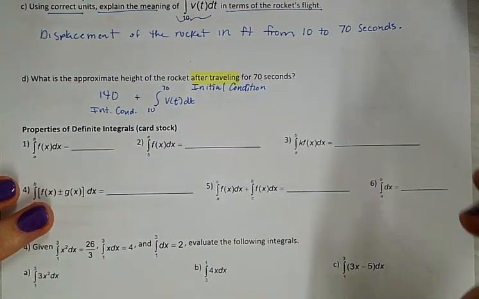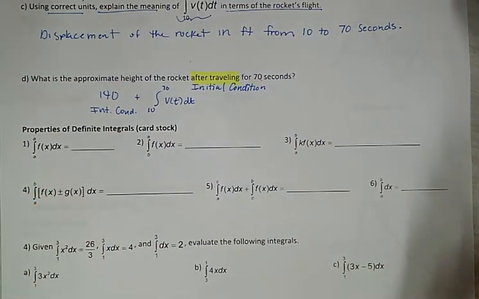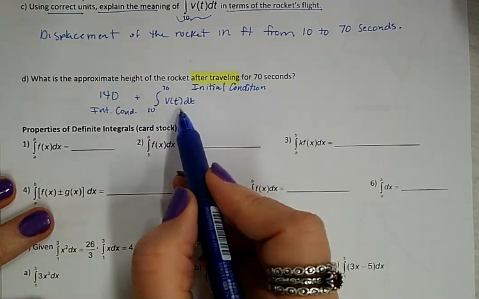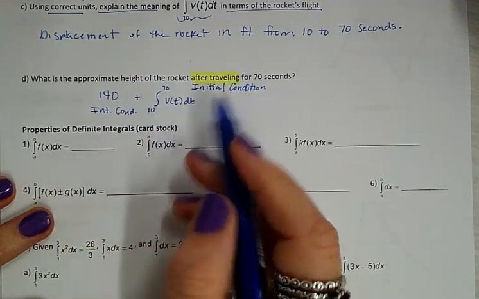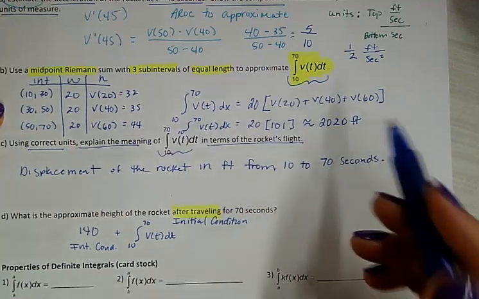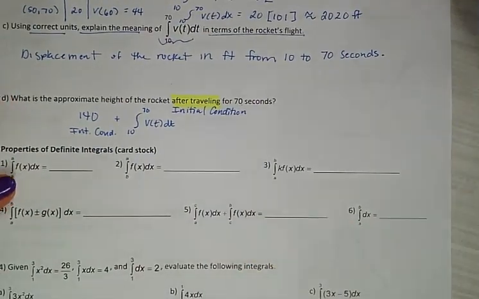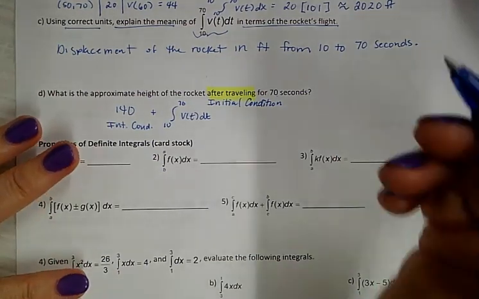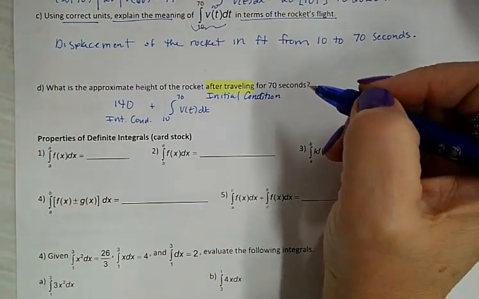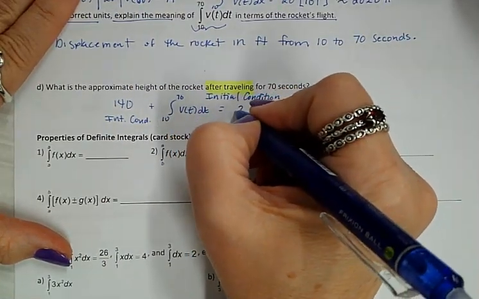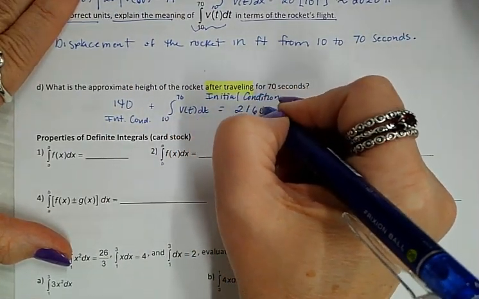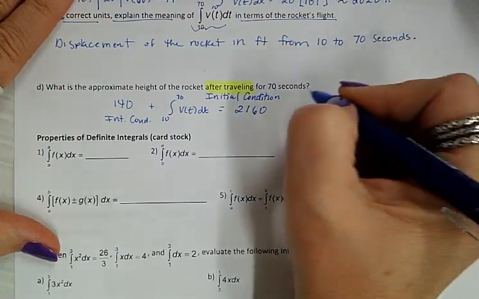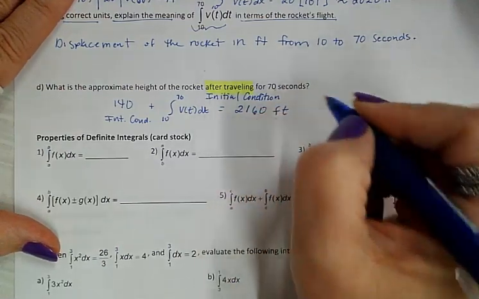And then as we calculate that, make sure that we're figuring this whole thing out. So here was 140, and what did we figure out this area was from part B? It was 220. So if I add 140 to 220, then I would have the total of 2160, and the units are F of t.